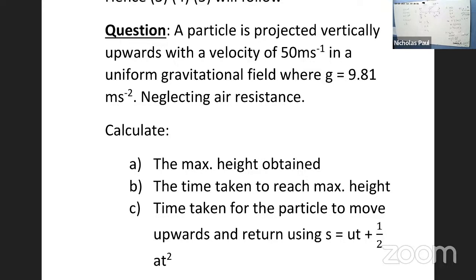Right, so remember that the initial velocity is 50 and the final velocity is 0. You're not minus up there, because gravity is going downwards.